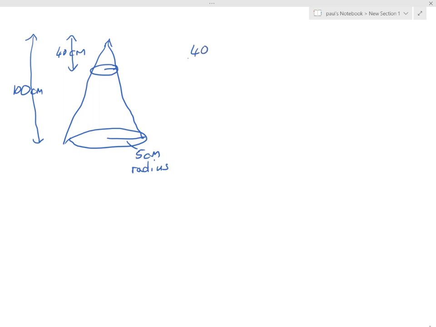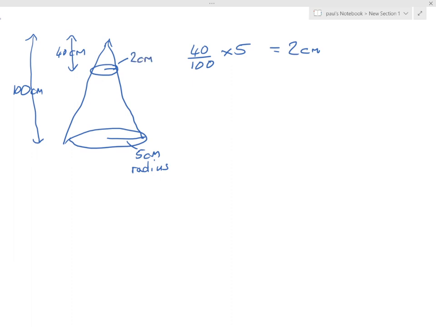So 40 over 100, and then multiply that by this one here. So it's 4/10 of 5. I'll just do that on the calculator. 40 divided by 100 times 5 is 2. So this now equals 2 centimeters.